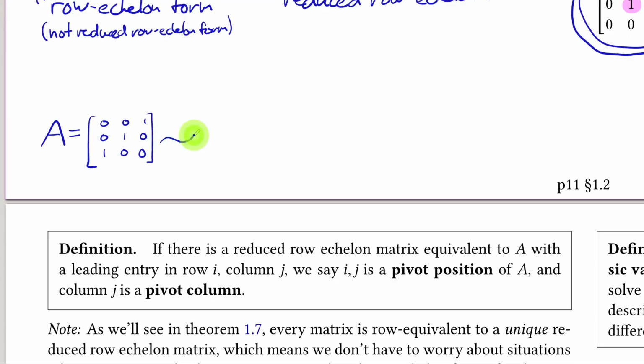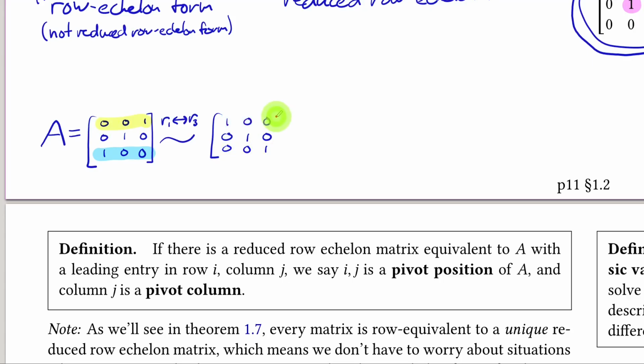If we swap row 1 with row 3, that's going to give us another matrix, which is not the same matrix as A, that now has row 3 moved into row 1, and row 2 is unchanged, and row 3 is now what row 1 used to be, like so.